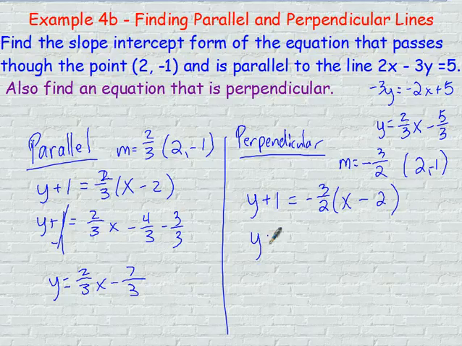So I get y plus 1 equals to negative 3 over 2x. And then what's negative? First of all, it's a negative times a negative, so I know it's going to be a positive. And negative, or 3 over 2 times 2?